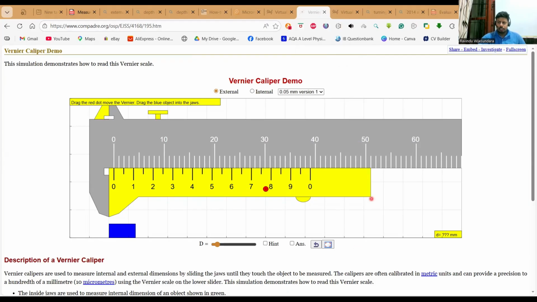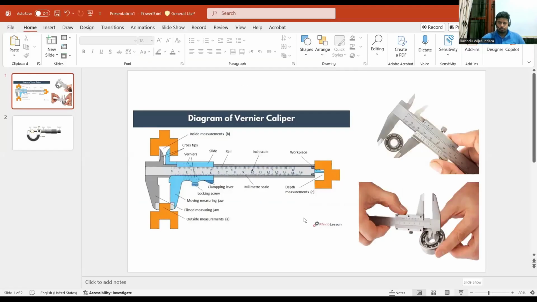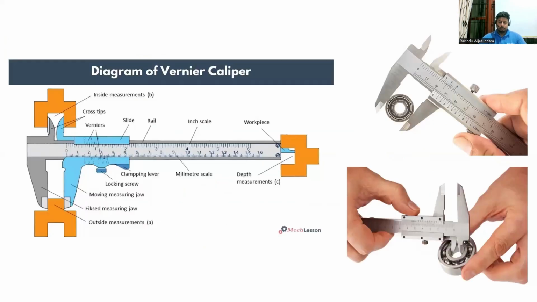Let me share it again. Right, I hope you can see my screen clearly.